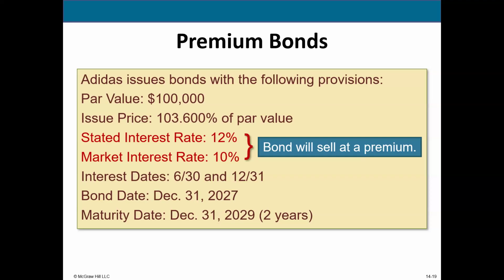The market rate is 10% at the date of issuance. Therefore, the bond is selling at a premium. So the issuing price of the bond is stated as 103.6 or 103.6% of its par value. And I'll show you what that calculation looks like here in a little bit.